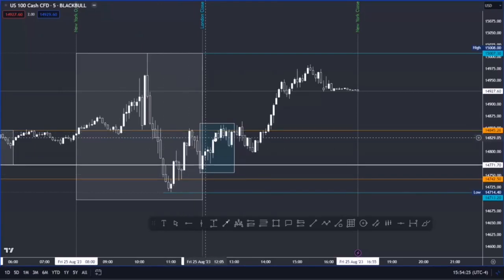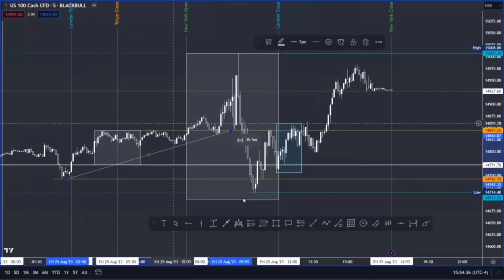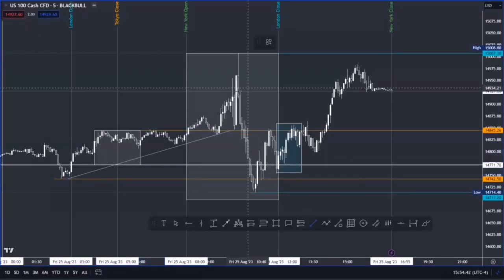So if all of this liquidity is run down to the left and we're looking at the 10 to 11 window, the market does this. And then on this node, it comes up and runs down all of this liquidity here, internal and external.